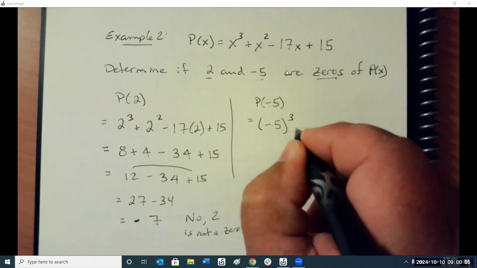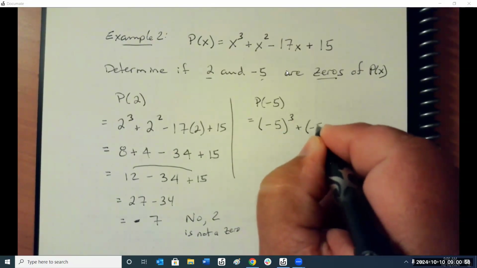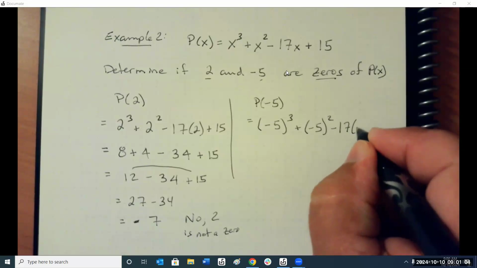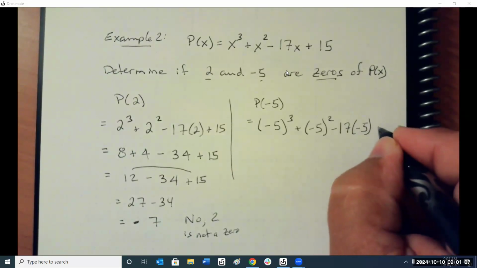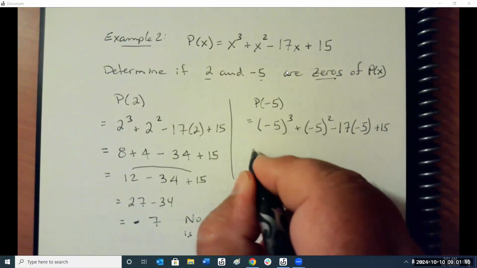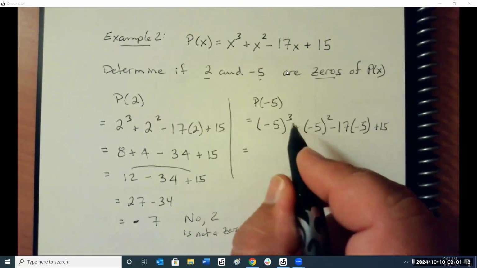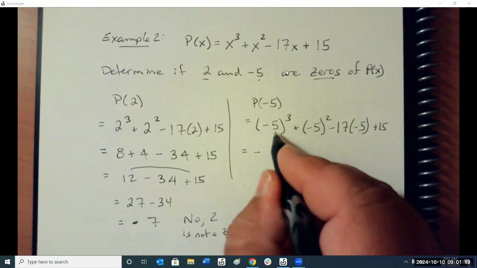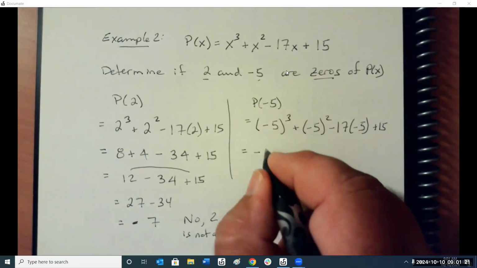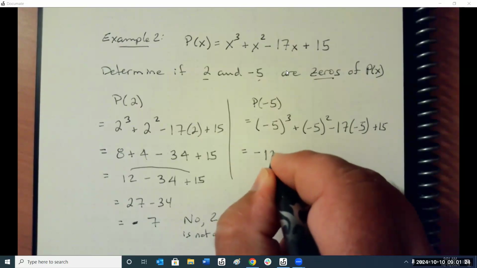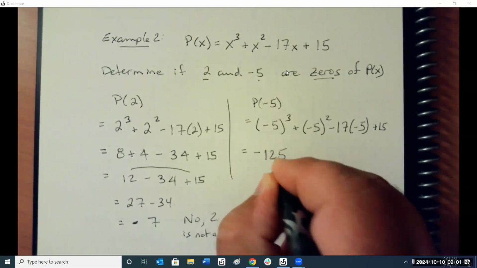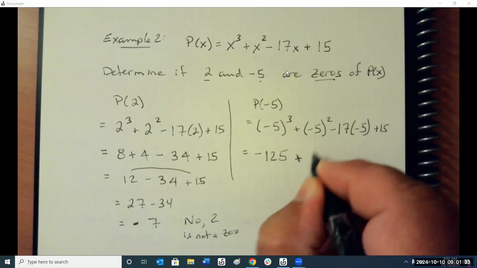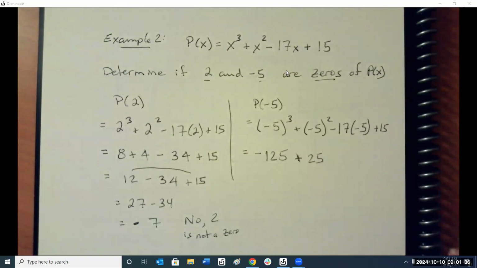-5 cubed plus -5 squared, minus 17 times -5, plus 15. Negative times negative times negative is negative. So 5 times 5 is 25. 25 times 5 is 125. So it's negative 125. -5 squared makes it a positive. This makes it positive 25.